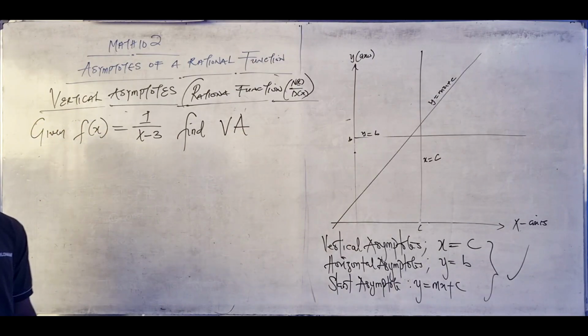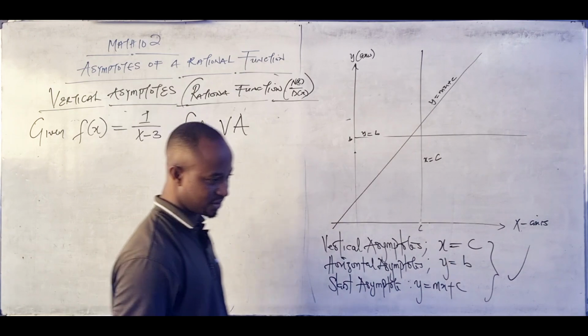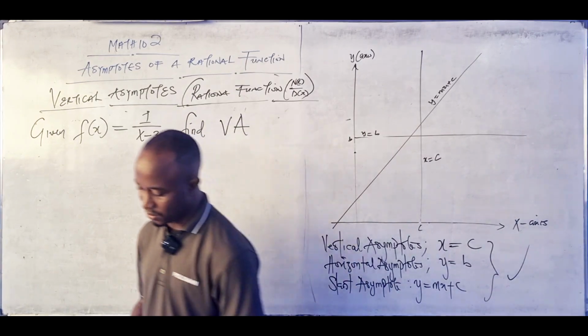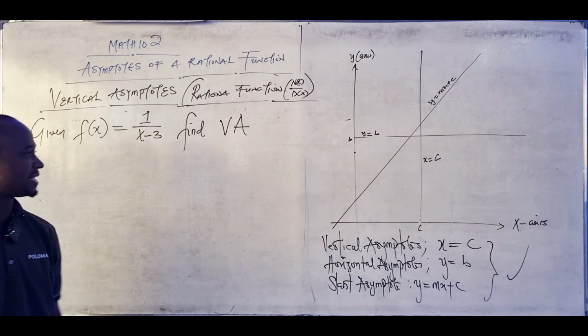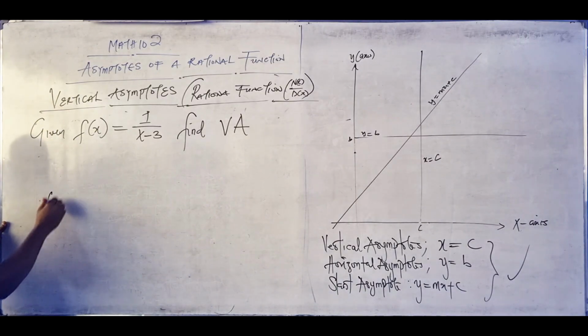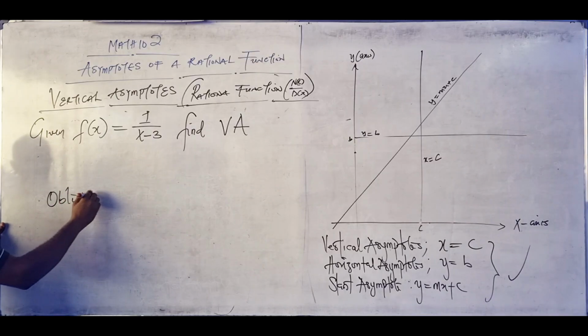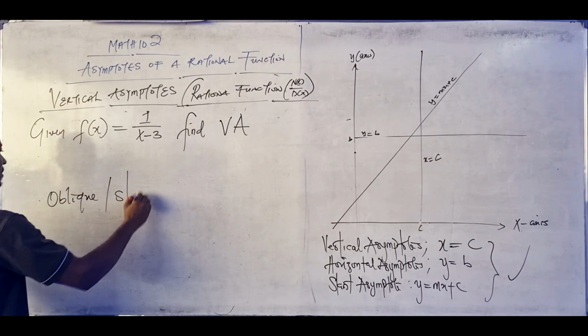Who can remind me, what are the types of asymptotes we have? We have oblique or slant.